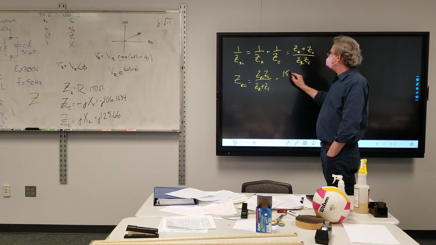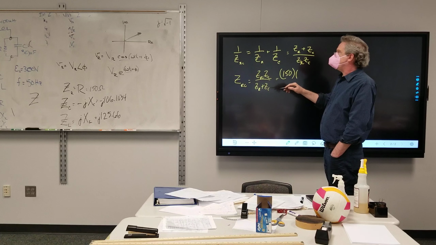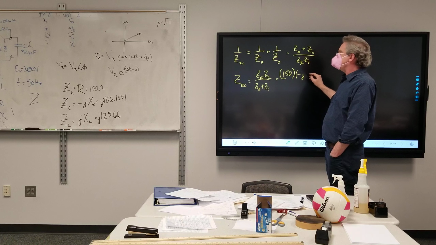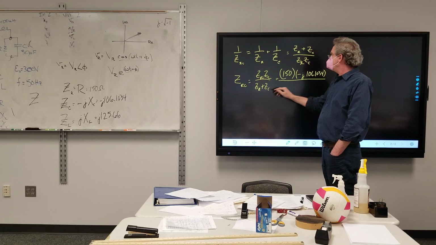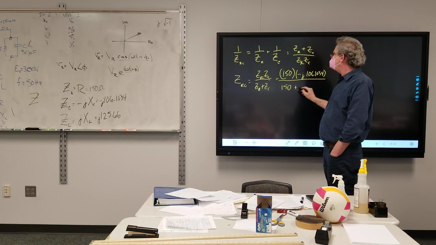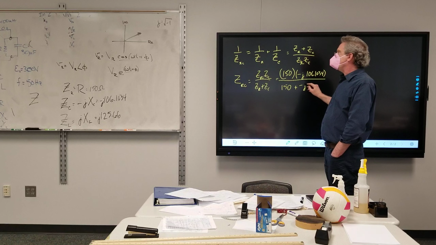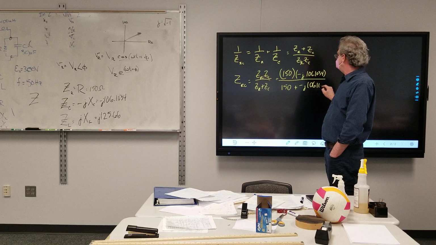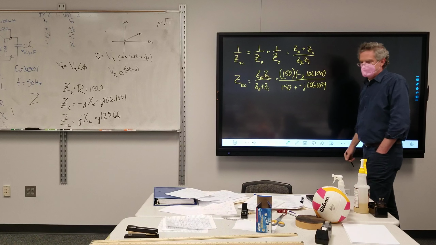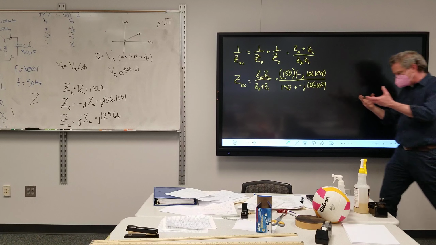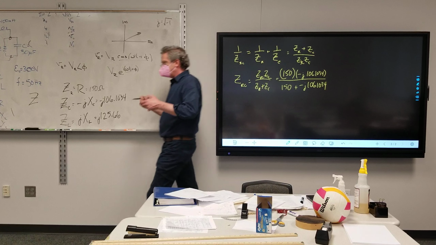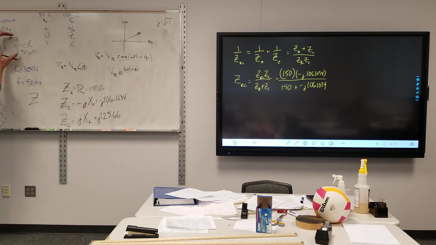Z_R is 150, Z_C is negative j 106.1034, over Z_R, which is 150, plus negative j 106.1034. This is the equivalent effective resistance for this bit right here.